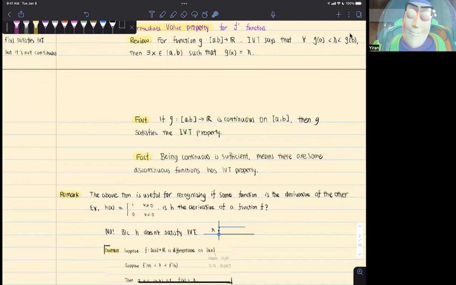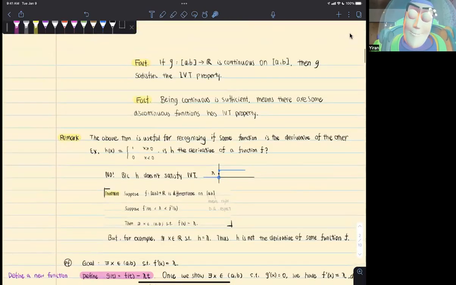And that means this is one way. So you see this is an if-then, right? That is not an if and only if, which means if a function has the intermediate value property, we cannot guarantee that this function is continuous. As I said here, there are many discontinuous functions that have the IVT property.